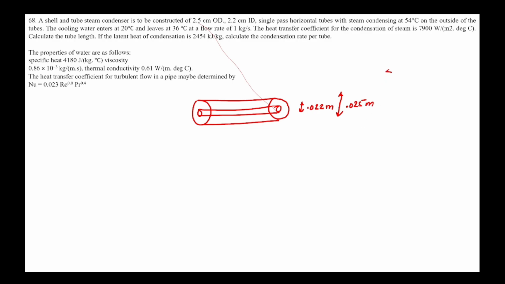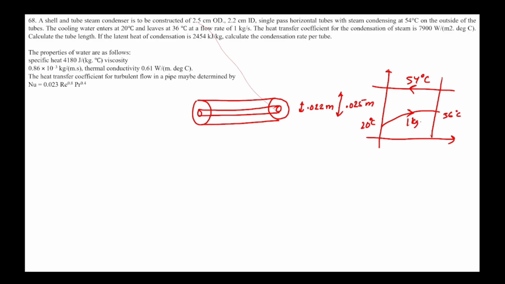Now see, we know that the temperature profile, if the steam is condensing, then this will be 54 degrees Celsius. Cooling water, you can take any side, LMTD will not change. Outside of the tubes, and cooling water enters at 20 degrees Celsius and goes out at 36 degrees Celsius.